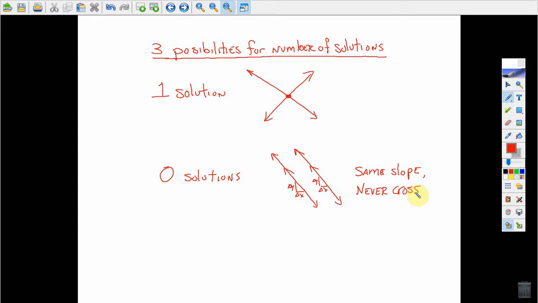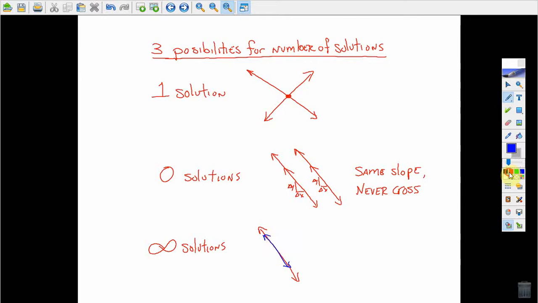The other possibility is a system with infinite solutions, where you may think you have two lines, but once you actually dig in a little deeper, you realize that it's the same line, just written in two different ways.